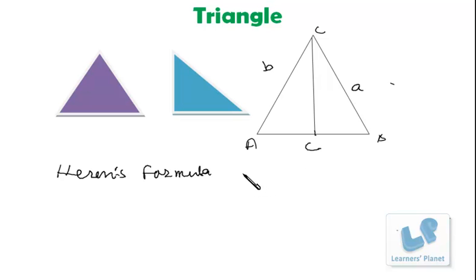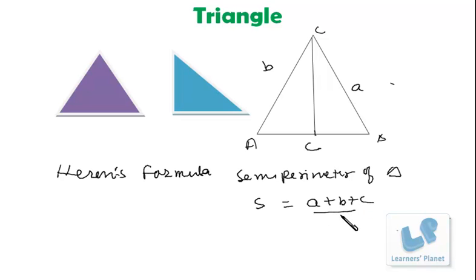First of all, we have to calculate the semi-perimeter of the triangle. Suppose I assume it to be S. So the value of the semi-perimeter is half of the sum of the sides, that is (A plus B plus C) by 2. Once we calculate the value of the semi-perimeter, we can calculate the value of the area.